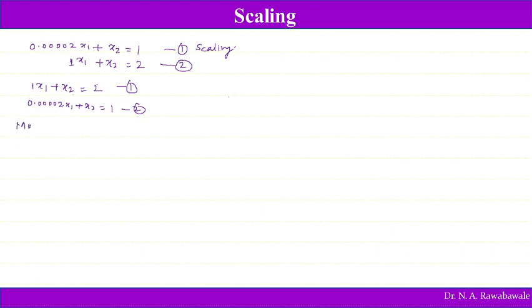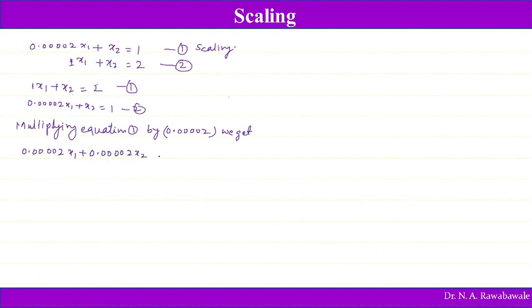So again multiplying equation 1 by 0.00002, we get 0.00002 x1 plus 0.00002 x2 is equal to 0.00004.